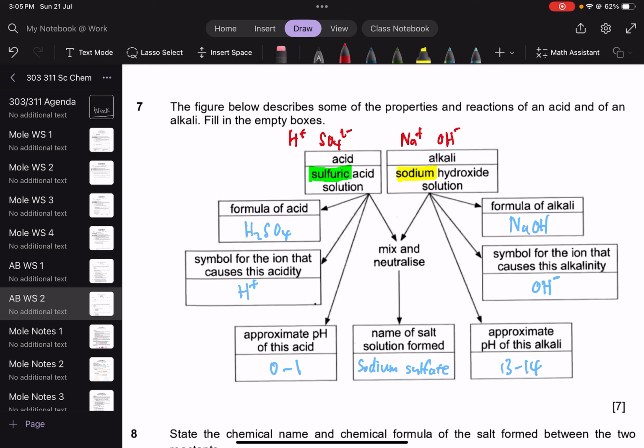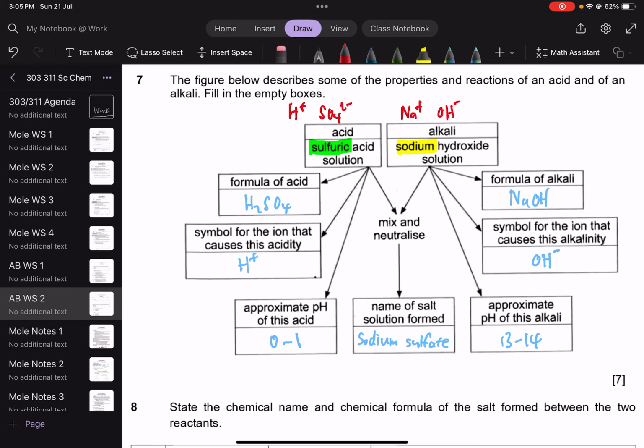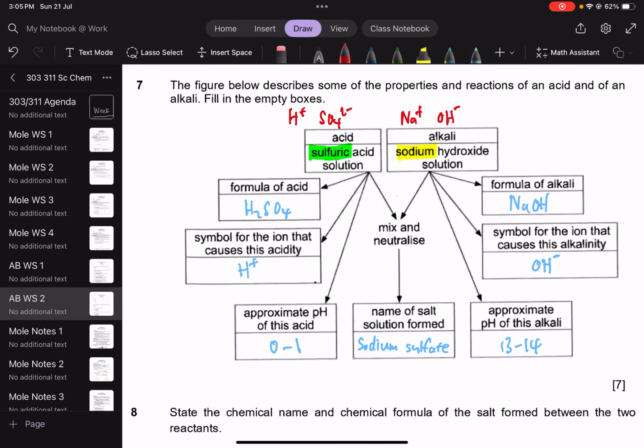Next, let's look at sodium hydroxide solution. Sodium hydroxide contains the Na+ ion and the OH- ion. Therefore, the formula of the alkali is NaOH. And the symbol for the ion that causes this alkalinity is the OH- ion.